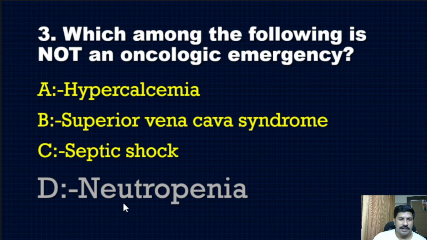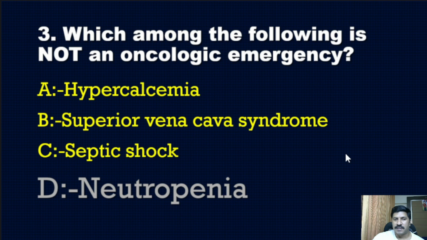Neutropenia means fewer neutrophils, with a WBC count of less than 4000 per cubic millimeter. Febrile neutropenia means fever with neutropenia, an early symptom of sepsis. That is why it is an oncological emergency. Simple neutropenia is not an oncological emergency.